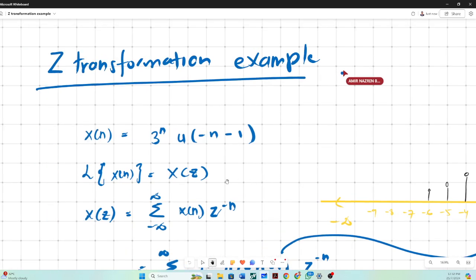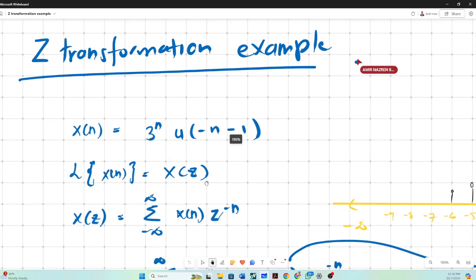So let's go. We try to convert our signal from the time domain into the Z domain by implementing the formula of the Z transform. The Z transform says that we need to do the summation. For continuous signals we do the integration.